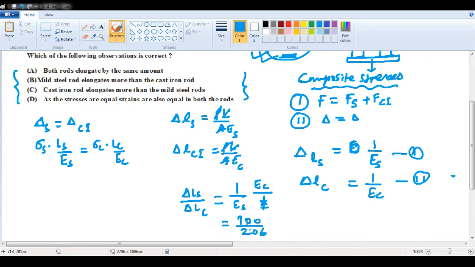So it is very clear that delta C is 2.06 times of delta S. So it is very clear that cast iron will elongate 2.06 times more than the steel. So here only option C is satisfying, that is, cast iron rod elongates more than the mild steel. So the answer will be this, C.